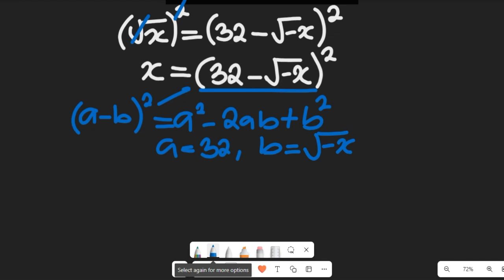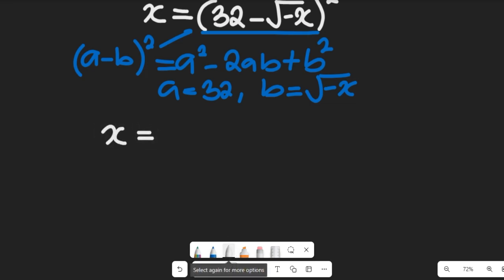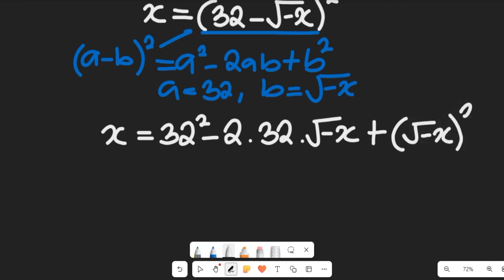Now if I simplify by putting these values into that algebraic expression, I can have x equal to 32 squared, minus 2 multiplied by a, which is 32, multiplied by the square root of negative x, plus b, which is the square root of negative x, all squared.